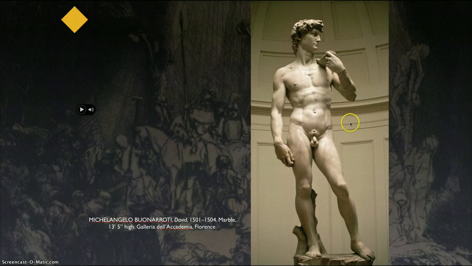This hand is too big. That hand is too big. His head is too big. His hair is too big. So from this angle, it just doesn't look right. His body is actually somewhat flat. Okay? But remember, it's supposed to be looked at from below, looking up. Okay? So the thickness of his body would not have mattered as much.